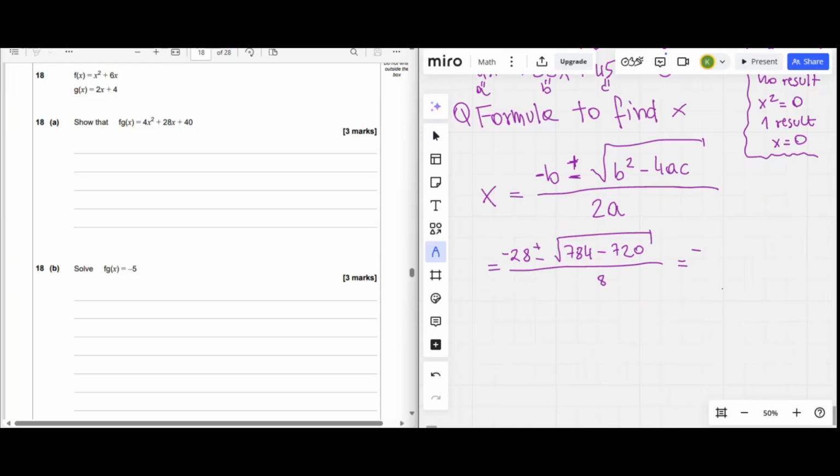Right, so we have negative 28 plus minus, and from that square root, the difference is 64, so the square root is 8, divided by 8. So x would be negative 28 plus 8 by 8, or x will be negative 28 minus 8 by 8.